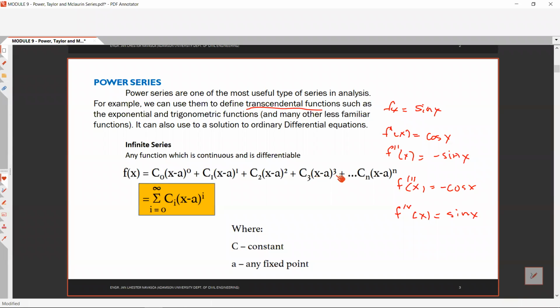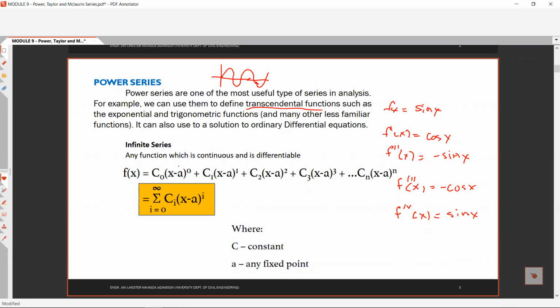In order for us to define sin x, dati kasi yung sin x is like this curve. So sin 0 is 0. So dito siya nag-start. Okay? So the power series can define this function sin x into a polynomial function.